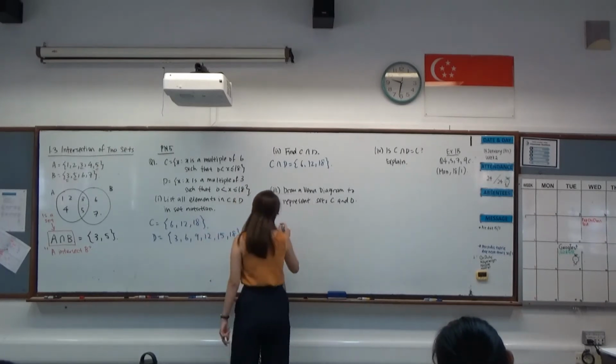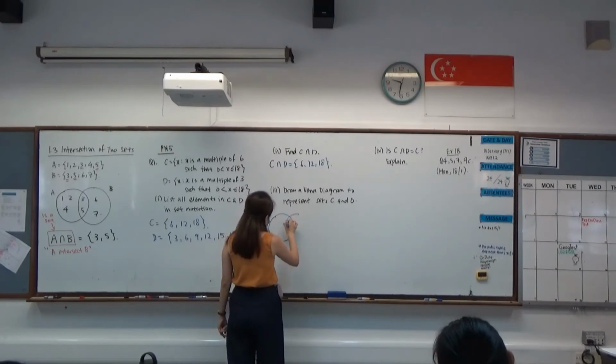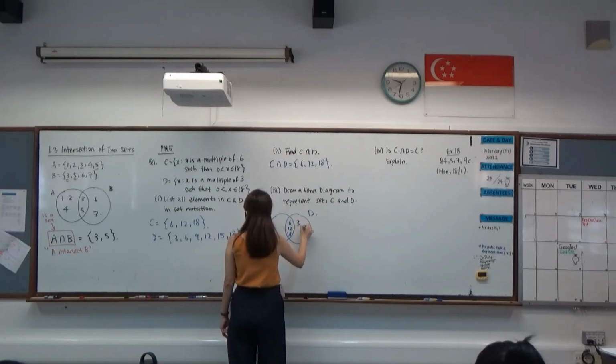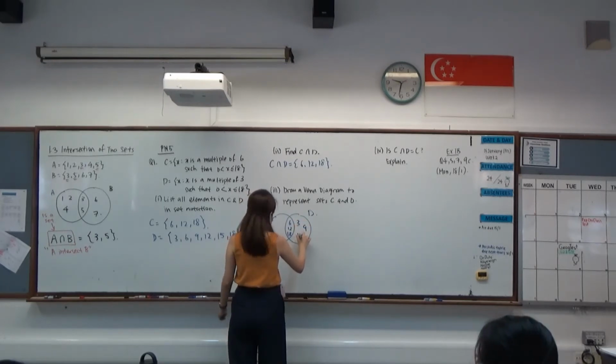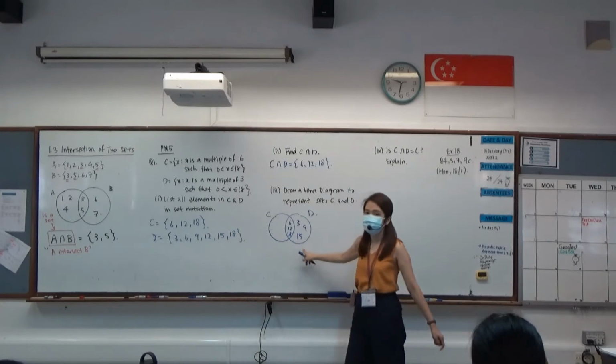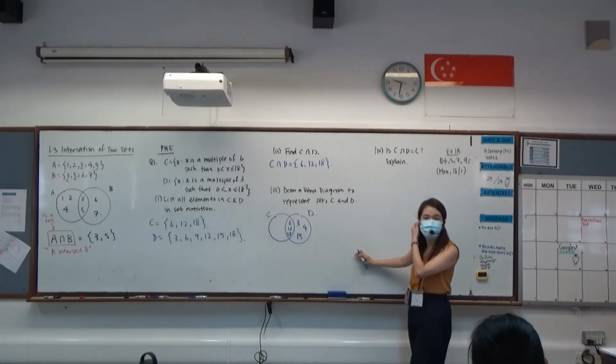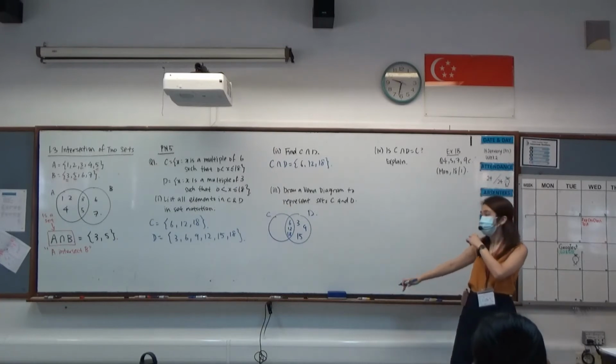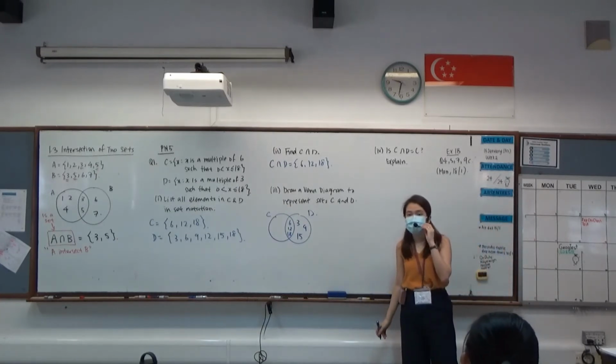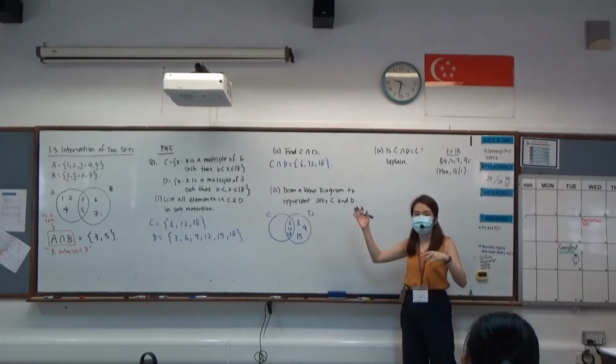So I'm providing to you two options. Should we be drawing our Venn diagram in this manner, or is there another manner that we could draw? Would this be fine? How many of you would think that this is fine?